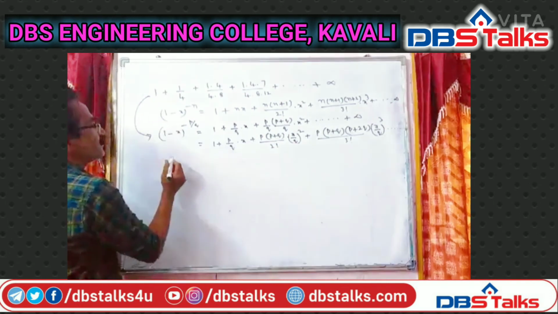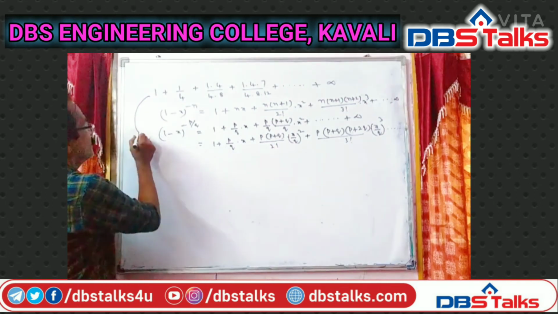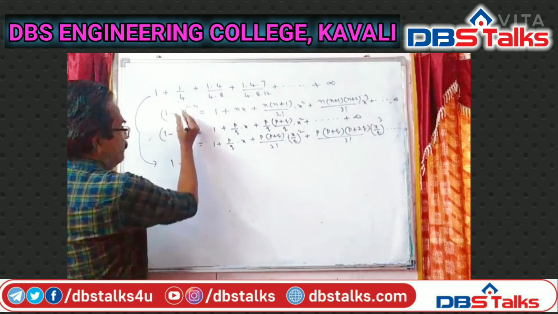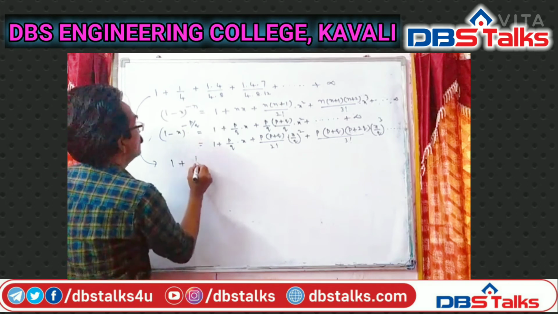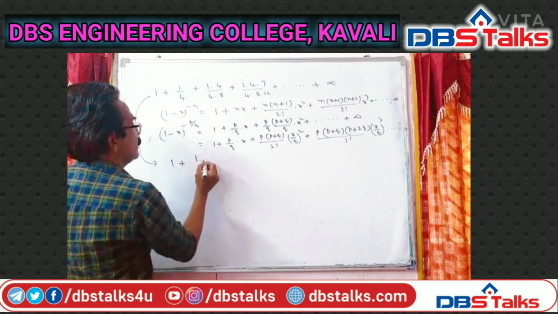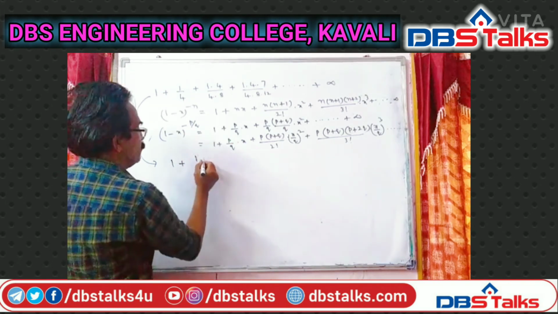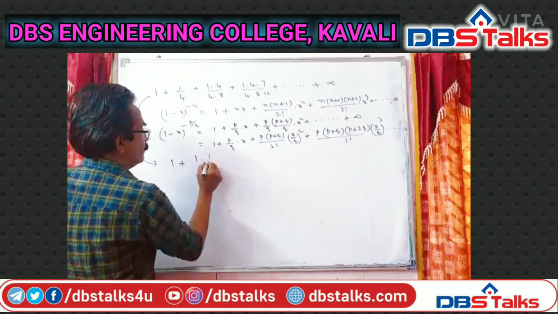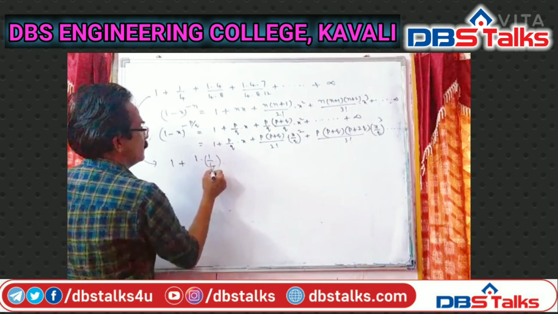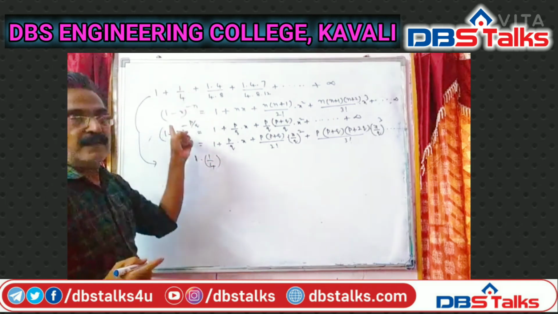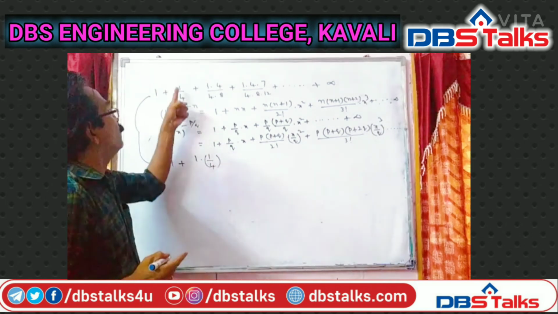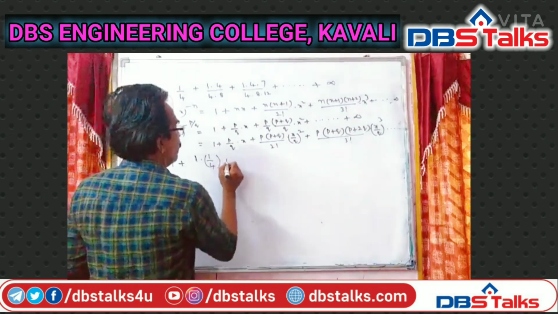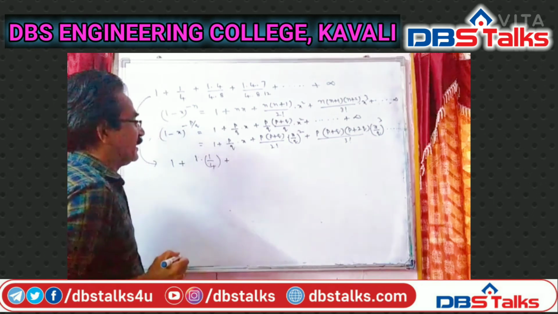Let us see. 1 plus p by q, with p equal to 1 and x by q equal to 1 by 4, plus the second term.